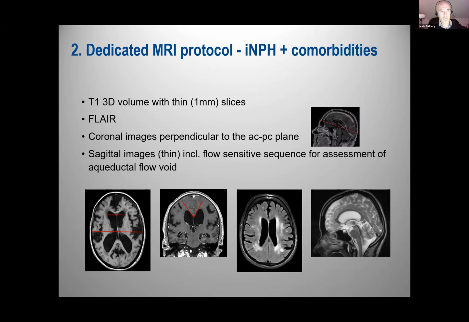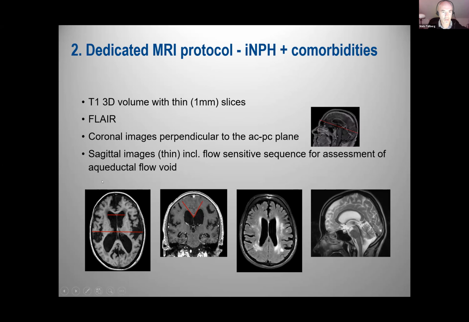So if step 1 was the clinical assessment, step 2 is the radiology, and here a dedicated MRI protocol for assessment of INPH typical changes and comorbidities is important. And I have stated some suggestions of sequences.